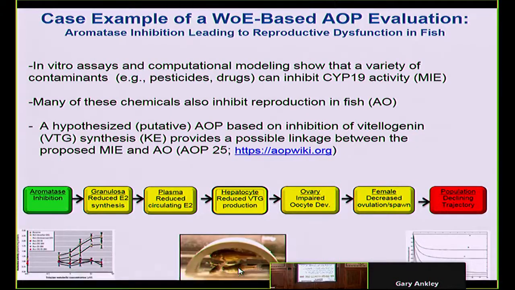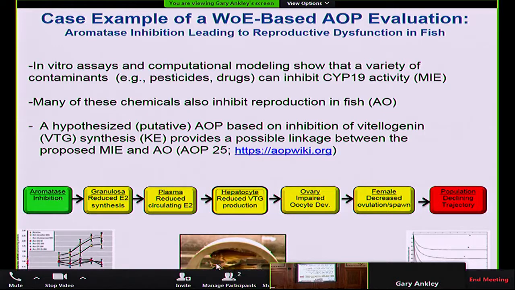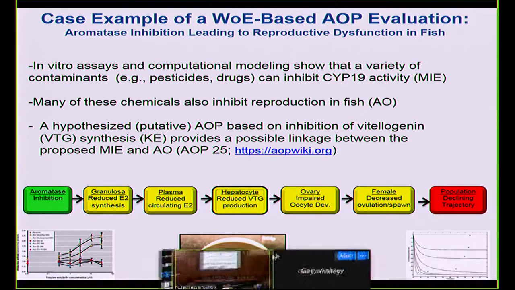Now, to actually demonstrate the application of these criteria to an AOP, I want to use a very simple example. I apologize to the audience, but this is really more of an eco-oriented example, though the concepts are the same whether you're worried about ecological or human health effects.